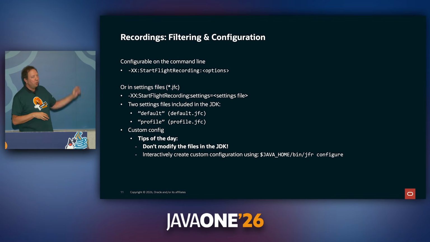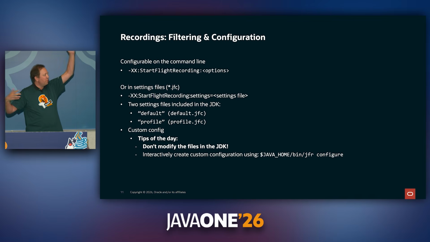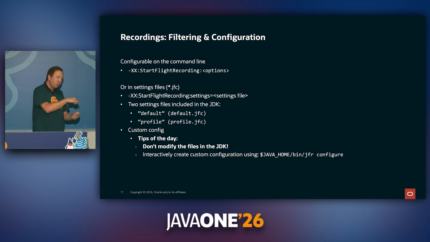And you can create your own configuration files. Instead of lining up hundreds, or several lines worth, of command line options at startup, you can encode that all in a configuration file and then point to that file instead. Just for information, tip of the day: even though we do have these 2 files included in the JDK, don't go modify them. Chances are that will surprise somebody later, and that somebody may be you.